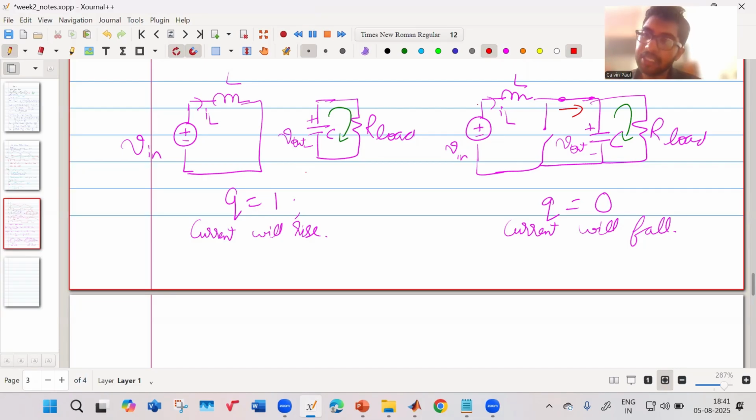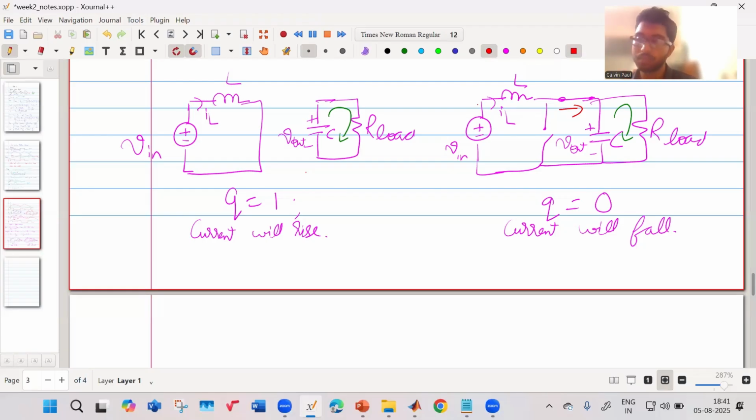What happens in a DC-DC power electronic converter is, for some time your inductor current will rise, sometime it will fall. For some time your output voltage will fall and for other time it will rise. It will not be like the voltage will just keep on increasing or the current will keep on increasing. That's not how it is supposed to function.